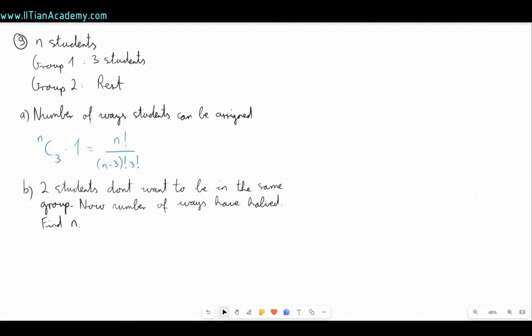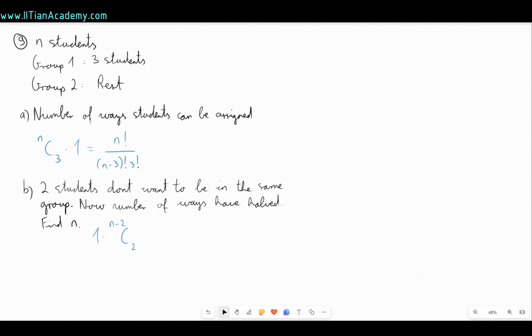So the number of ways we can do that is, well, we need to take the first student in the first group, so that simply has a combination of 1. And then for the rest of the students in group 1, we need to choose 2 students, but we cannot choose B, and we have already chosen A. So that's 2 less than the total number of students available.